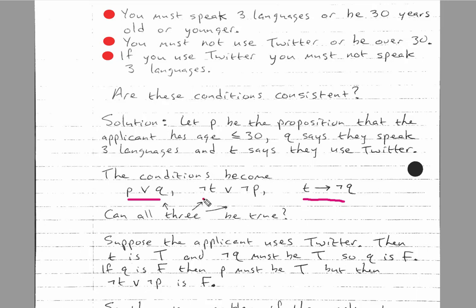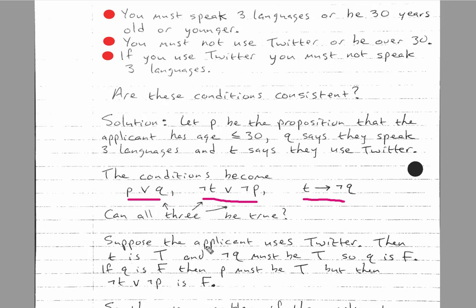But then we get a problem with the third condition. So if P is true, then this is false. Not T is also false. So then this condition is false. All right.